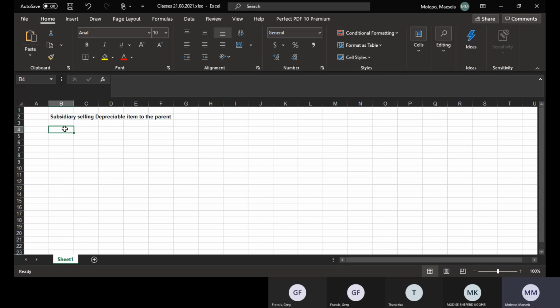But for the depreciable part, we only realize the profit bit by bit, so it will be realized based on the percentage of the depreciation of that particular asset.